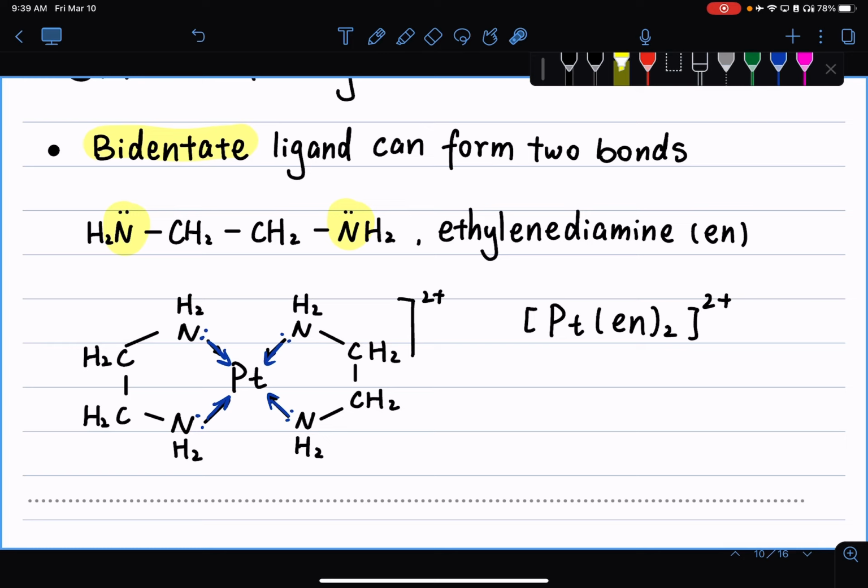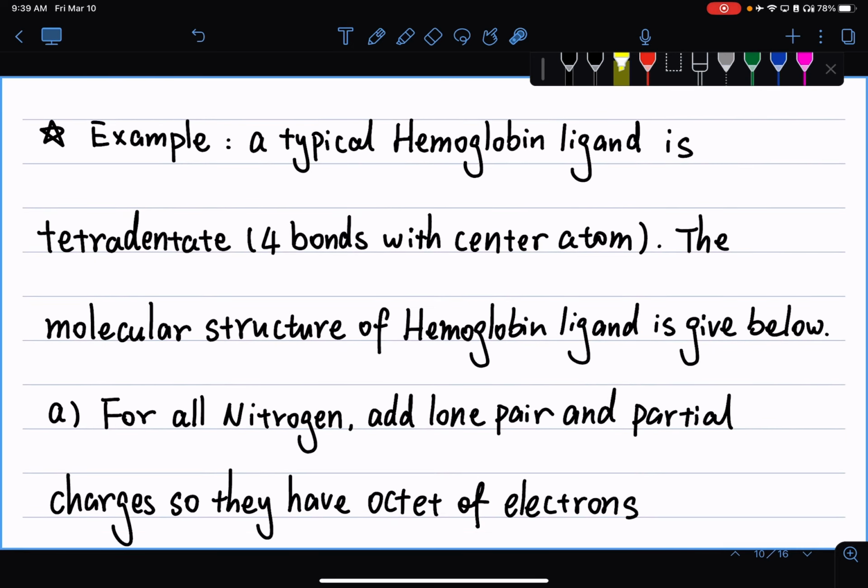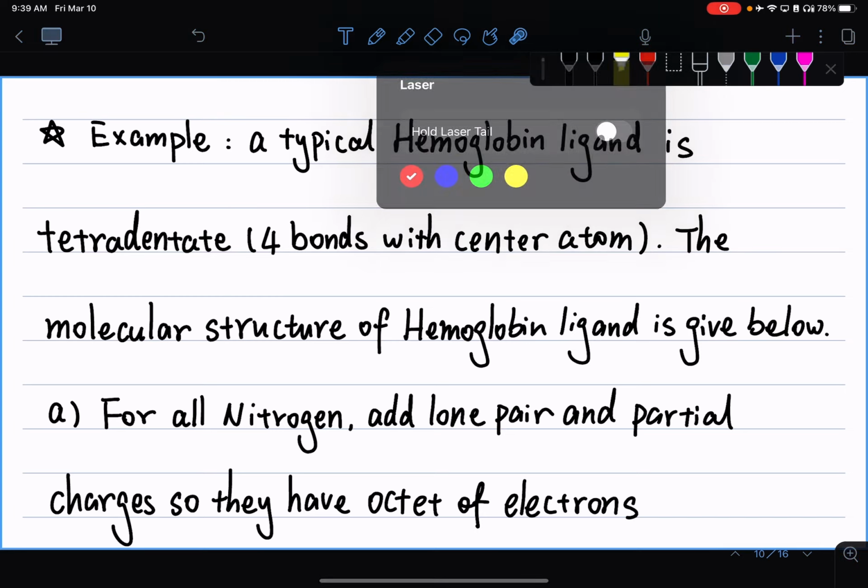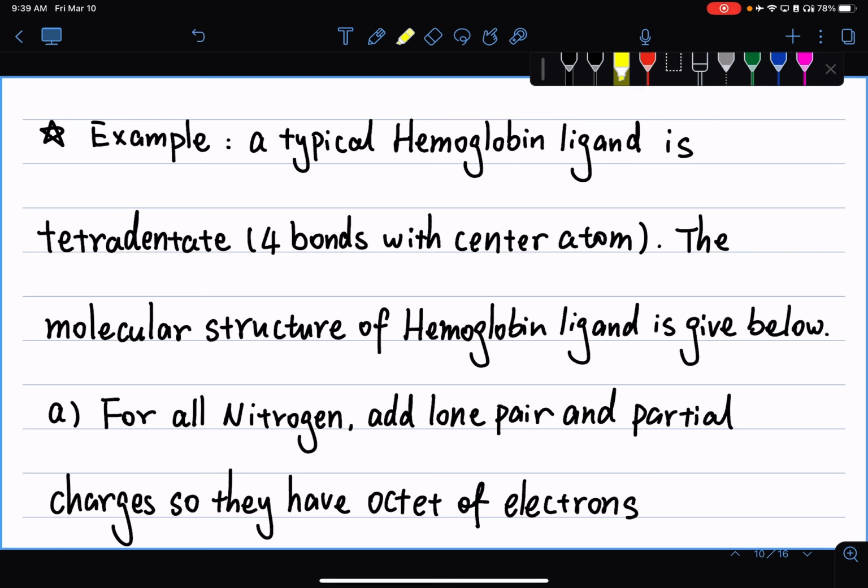So let's look at a more comprehensive example, which is going back to our hemoglobin again. Let's read it together. It looks really long, but the actual idea is quite straightforward. In the introduction, we know that a typical hemoglobin ligand is a tetradentate ligand.